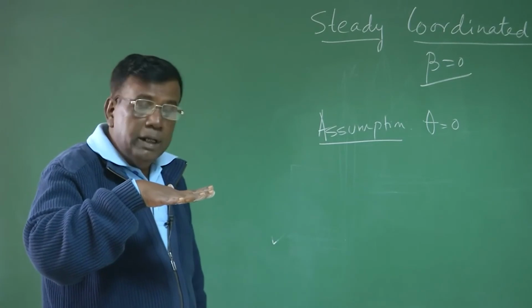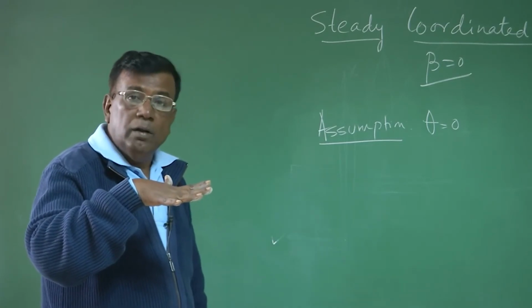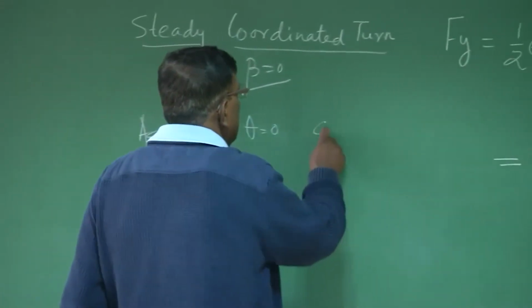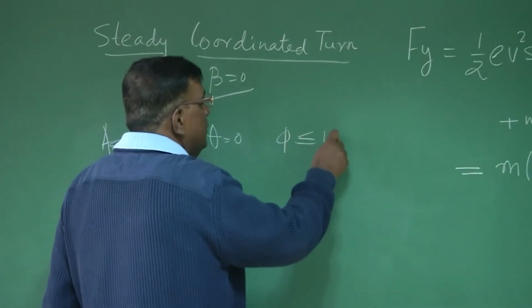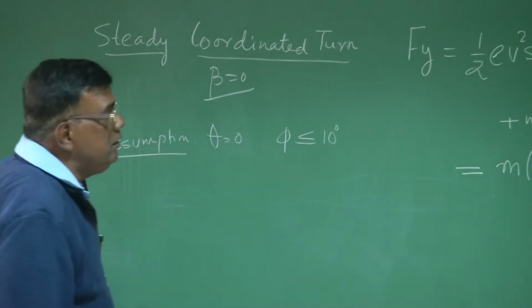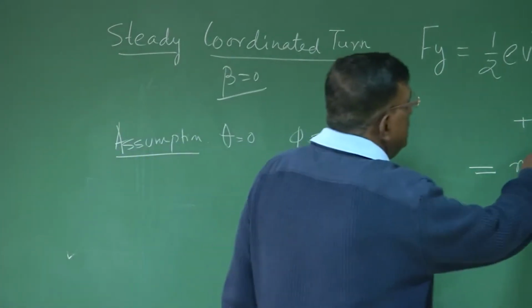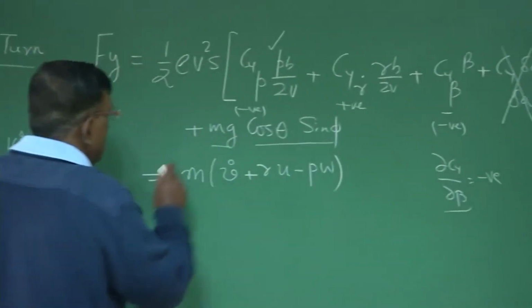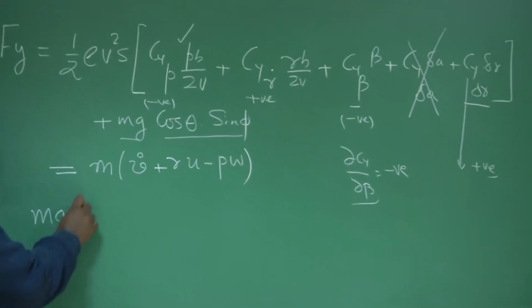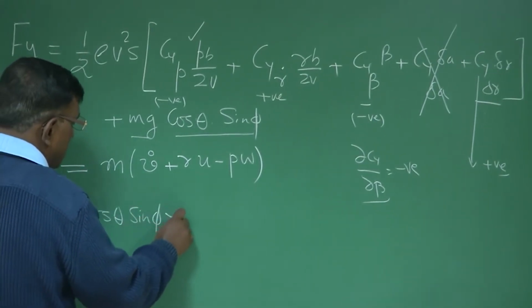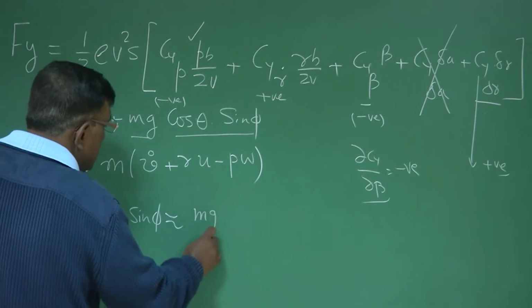And I am also assuming that the bank angle is very small, maybe within 10 degrees. So bank angle phi less than or equal to 10 to 15 degrees, I say 10 degrees, when I do the experiment. Once I do this, I make an approximation that this term mg cos theta sin phi, I can now easily write as mg phi.